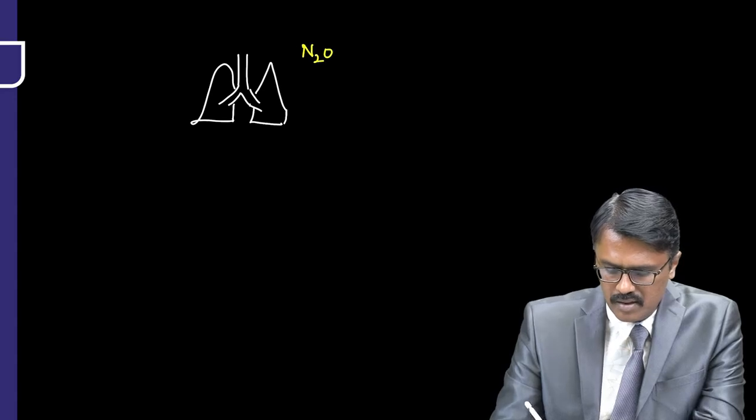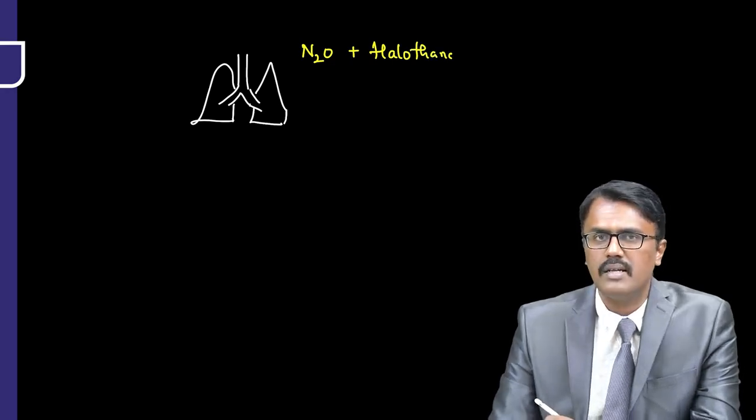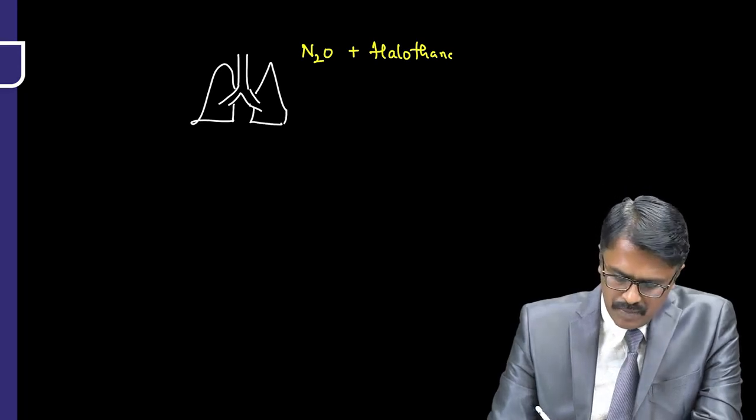Now, what do you mean by the second gas effect? Let me draw the lung here. This is the lung. Now, usually what we do is we use nitrous oxide with halothane for starting the anesthesia. First, when we give nitrous oxide, it will enter.